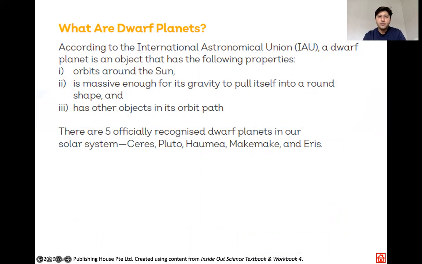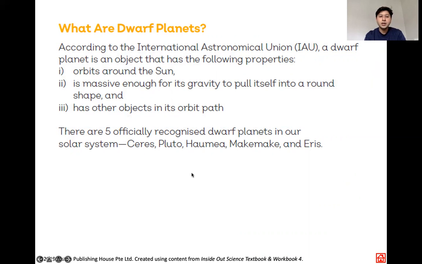And then there is a dwarf planet. What is a dwarf planet? According to the International Astronomical Union, a dwarf planet is an object that has the following properties. It orbits around the sun, is massive enough for its own gravity to pull itself into a round shape, and has not cleared other objects from its orbit path.